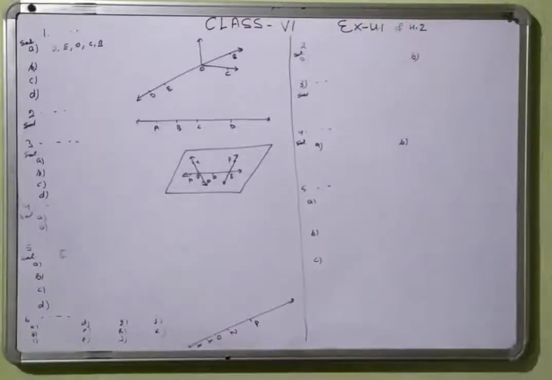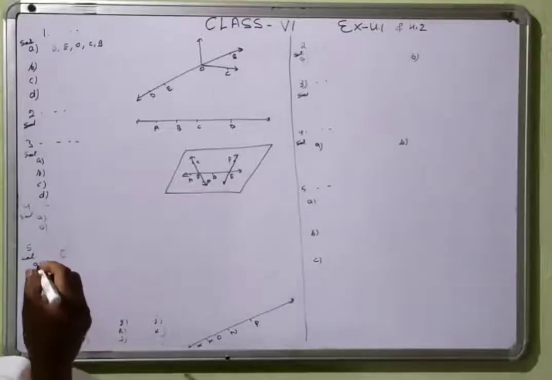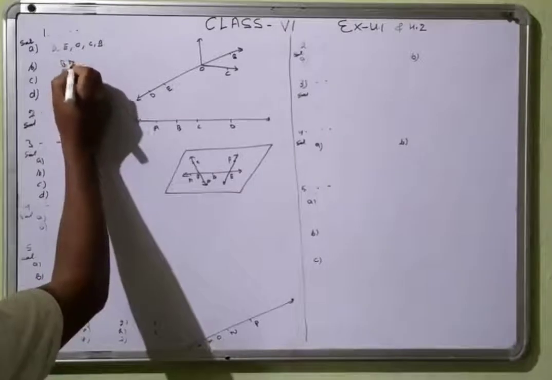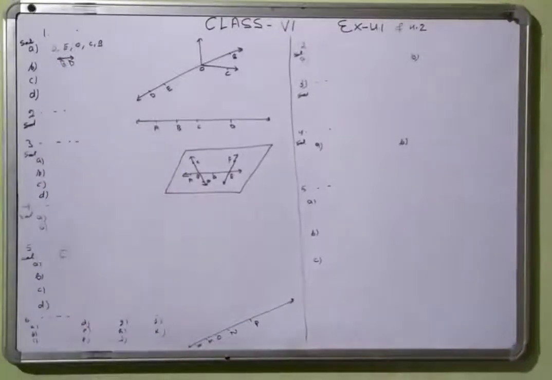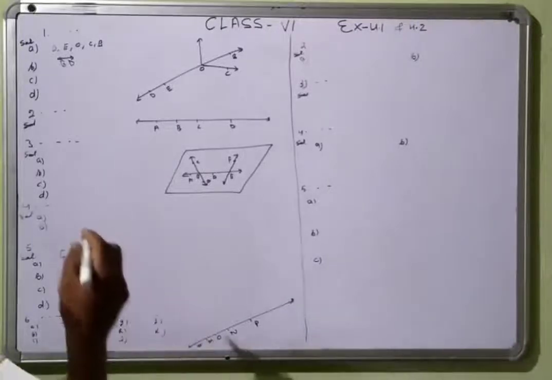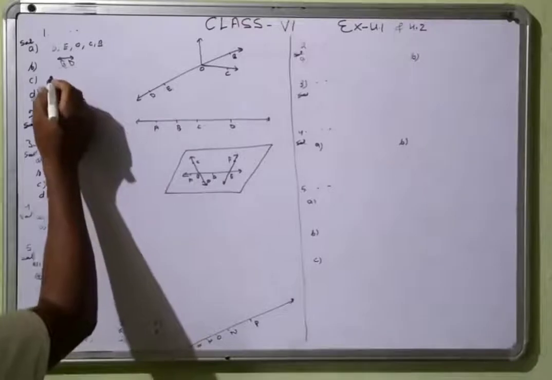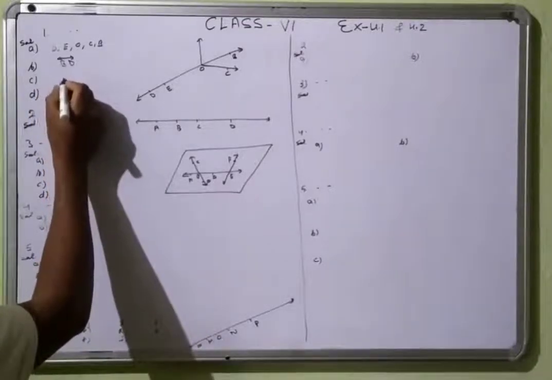A line. Many more lines are here, but a line means BD. BD, this is a line. 4 rays. Many more rays are there, but we are writing only 4 here: ED.